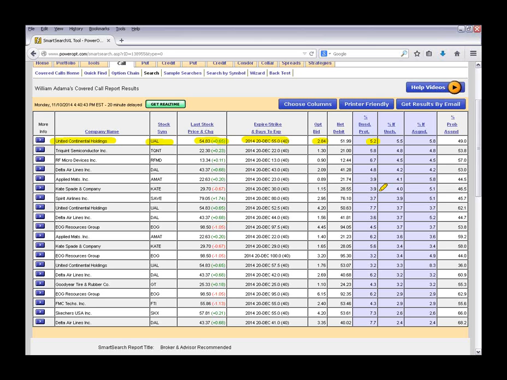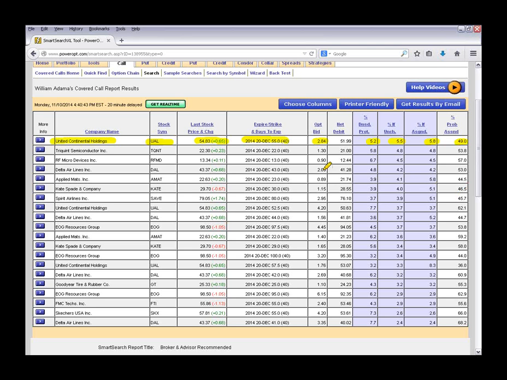What that tells us is that the stock can fall 5.2%, or $2.84, before we're technically losing money on the covered call position. The percent if unchanged is 5.5% if the stock stays at 54.83 to December expiration. And our max percent if assigned, if the stock's above 55, we'd get a max return of 5.8%, and the probability of assignment is 49%.